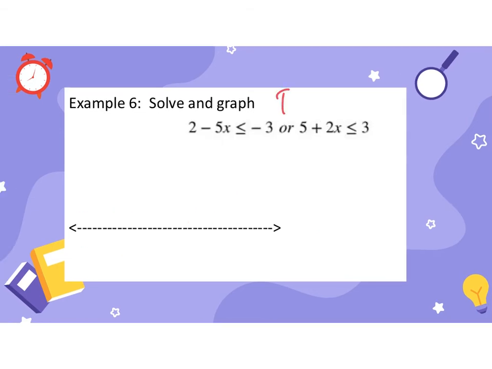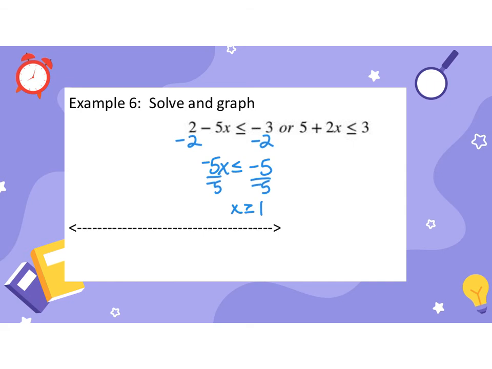Try this one. Pause here. Okay. We'll go ahead and solve. Negative 5x is less than or equal to negative 5. Divide by negative 5. Dividing by a negative, flip.